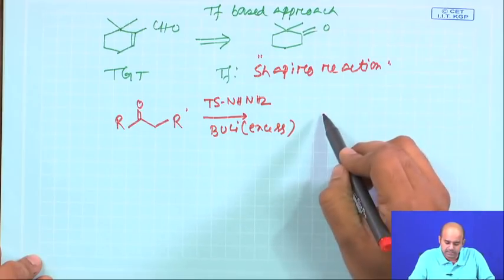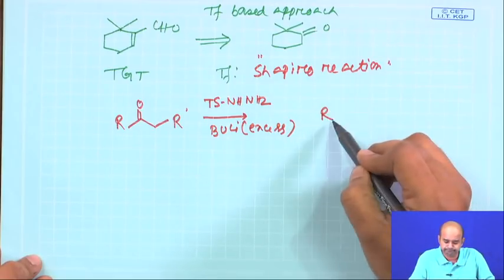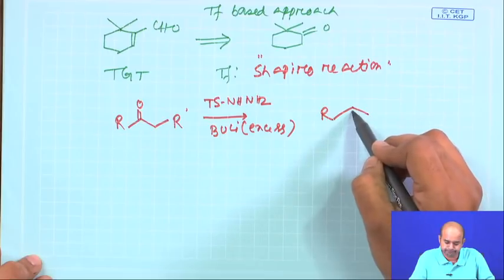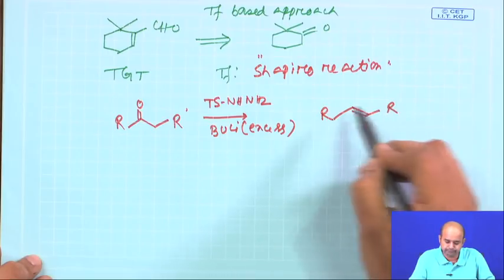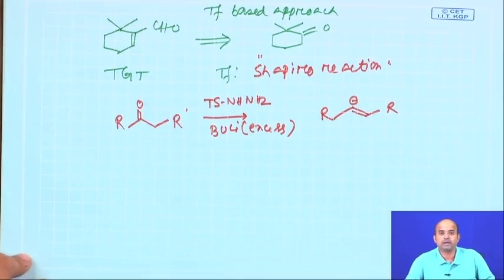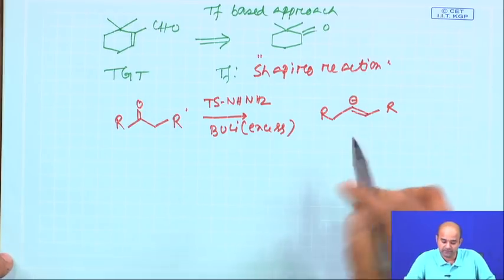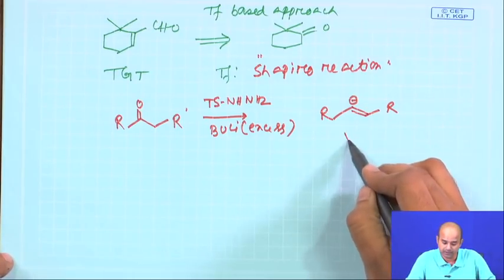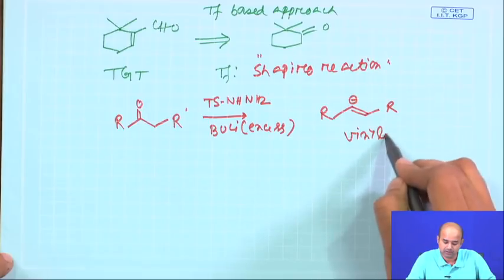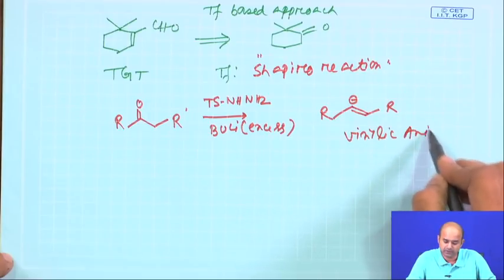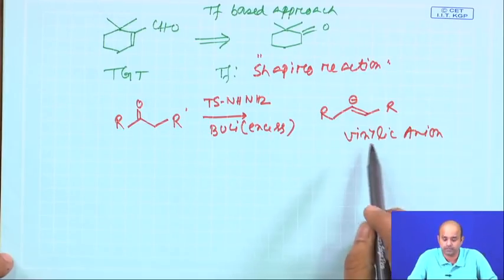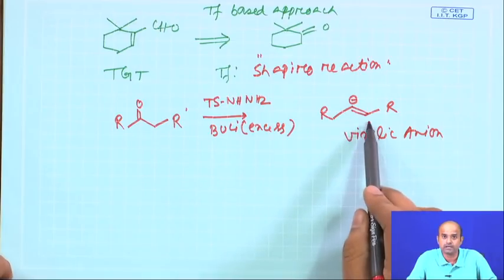And the initial intermediate which is generated, which is not isolated, is a vinylic anion. So, for a disconnection based on the Shapiro transformation, always think that you can generate a vinylic anion.